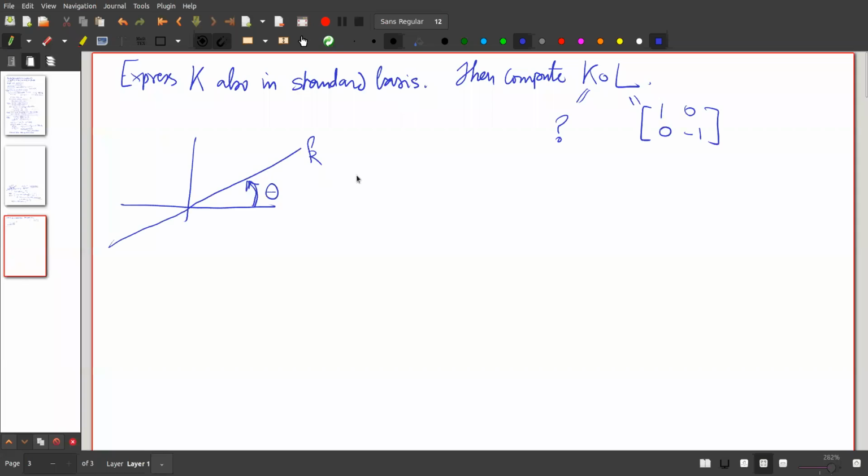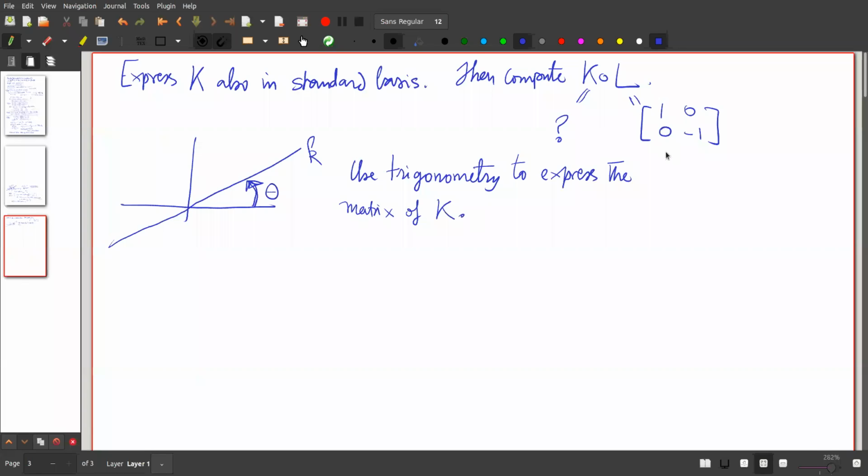And then, by using some basic high school trigonometry, work out the matrix of K. Then multiply these two and see what you get, and then interpret K of L geometrically. This is what you need to do. Okay, that's one way of doing it.